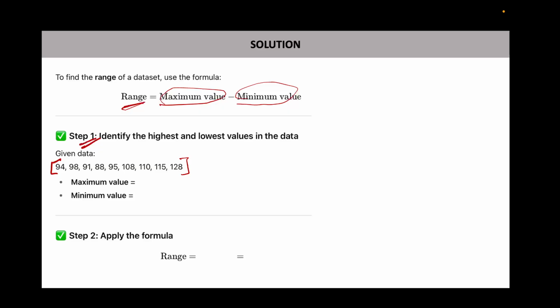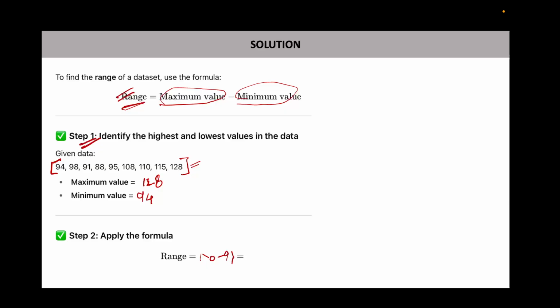So now when you see that this data set is arranged here, according to this, the maximum value is 128 and the minimum value will be 94. Correct? Okay. So now if you apply the formula of range, your equation will be 128 minus 94.